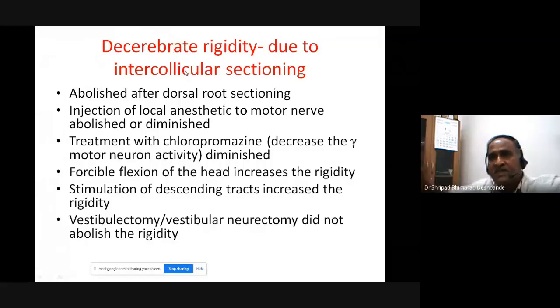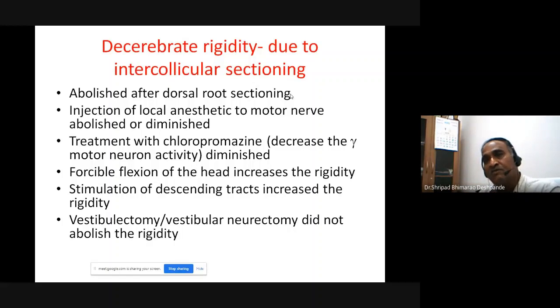They developed that particular stance in the cat, and he examined that the decerebrate rigidity could be abolished after the dorsal root is cut. That means this is mediated through increased activity arriving at the dorsal root. What is that increased activity? It is coming from the intrafusal fibers.